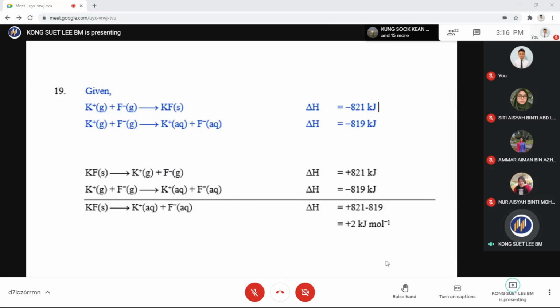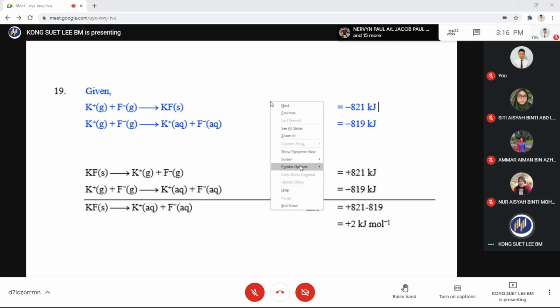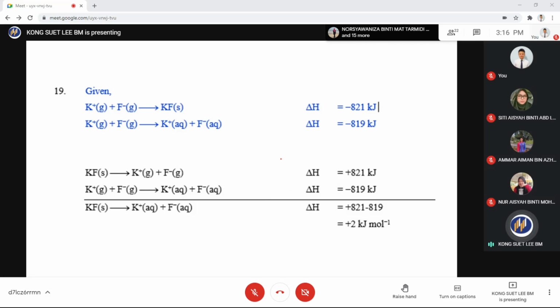Okay, my method is using the Hess law method, the Hess algebraic method. If I want to transform this answer to the energy cycle method, actually it's the same. But first of all, we must know this is the enthalpy of solution. Lattice energy means potassium ion gas and fluoride ion gas form the solid, so I give it enthalpy 1.